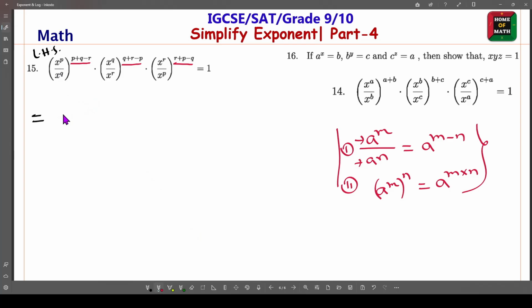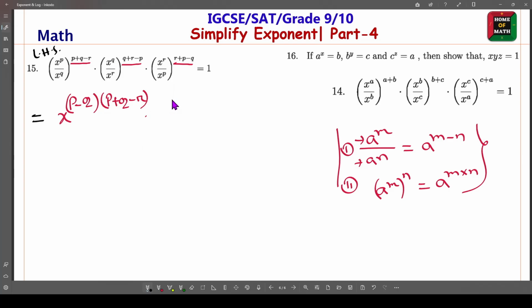So these two laws of exponents we will implement here. This one we can write x to the power p minus q. Why? Because x is the base and the powers are p and q, so it will be subtracted, and then times p plus q minus r. So this is the first fraction.